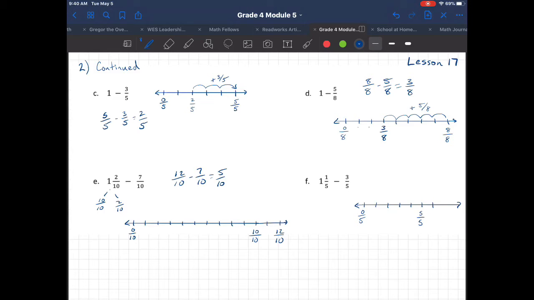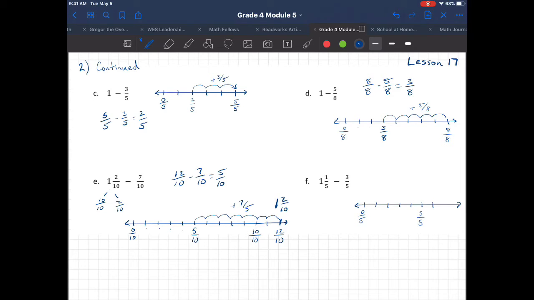So we'll go to 1, 2, 3, 4, 5/10, jump up 7. 1, 2, 3, 4, 5, 6, 7, and we do get to 12/10. And 12/10, of course, is the same as 1 and 2/10. They are the same spot on the number line.